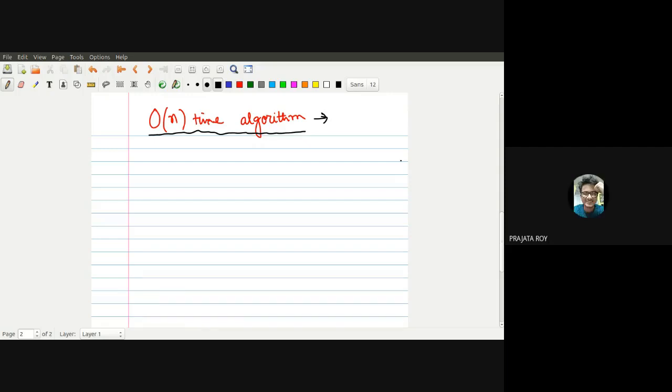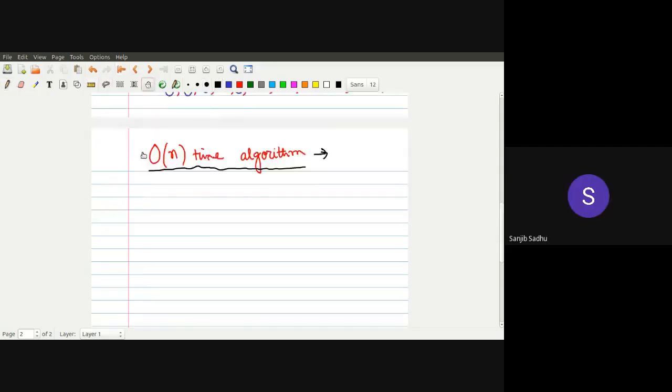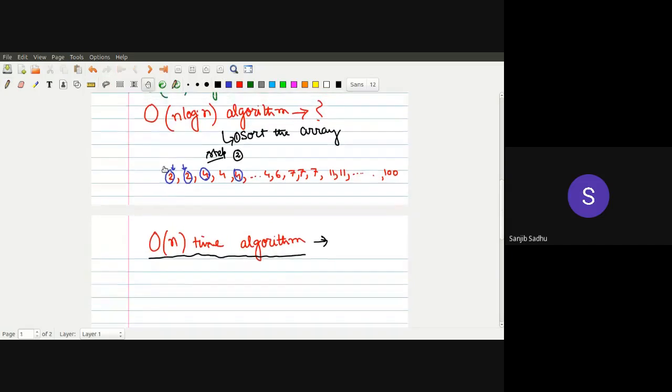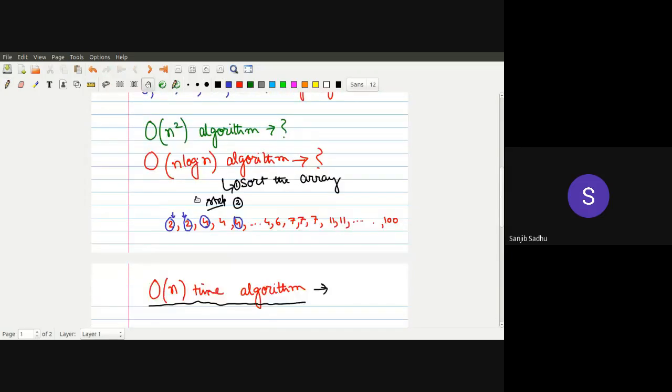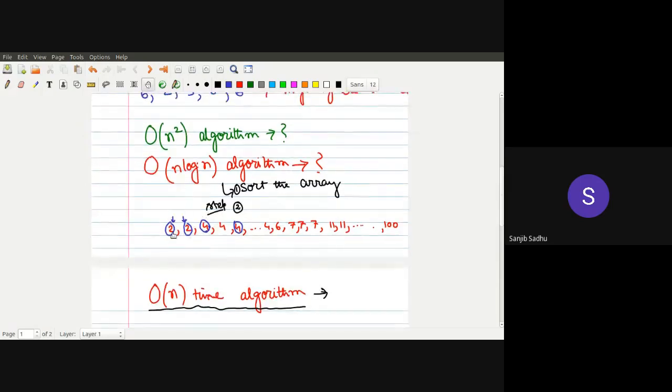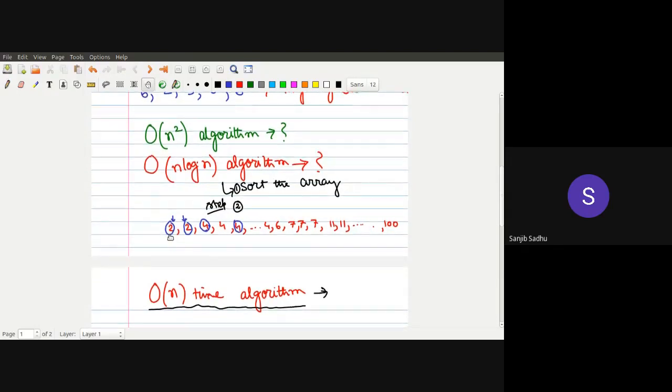Could you repeat the step after sorting the array, sir? In the O(n log n) algorithm, I am saying that after sorting, you search each element, the first element 2.